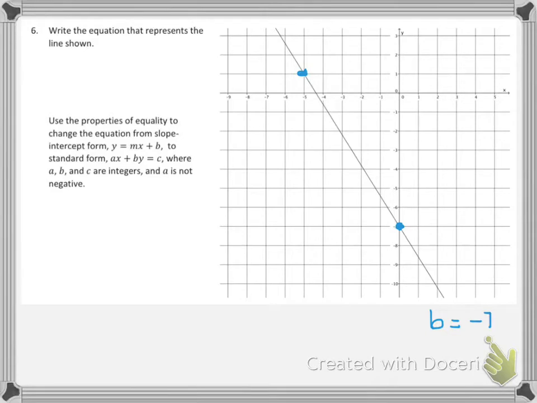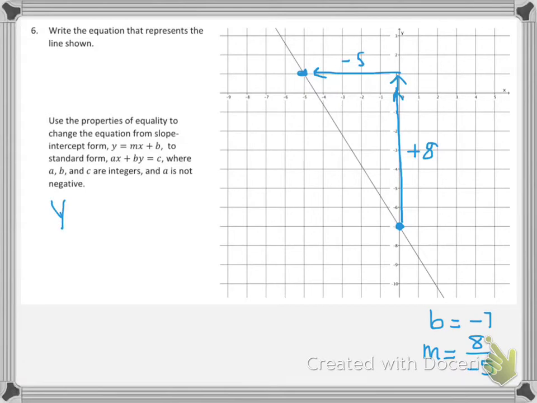So this is 8 up. That's a plus 8 all the way up to here. And then to the left, 5. So that's a -5. So my slope is 8 over -5, or -8/5.